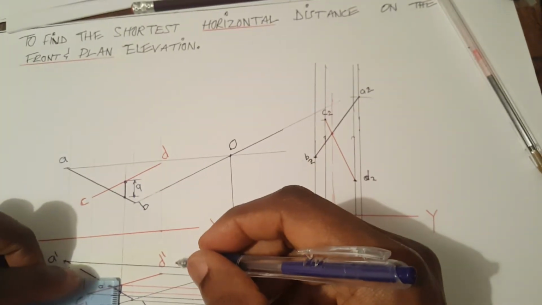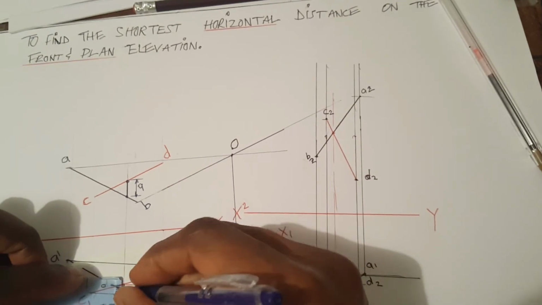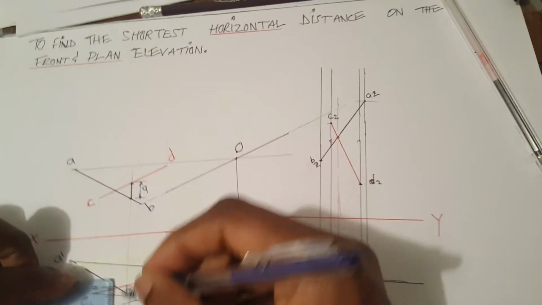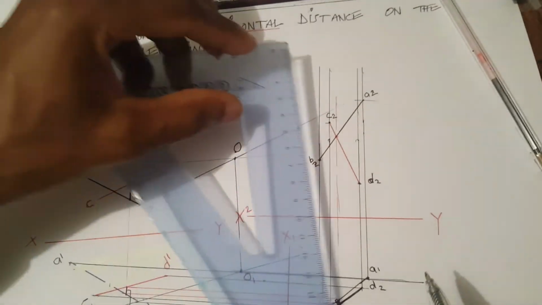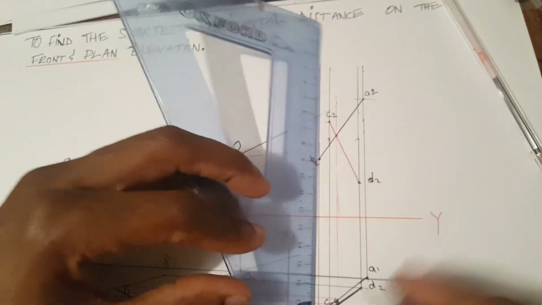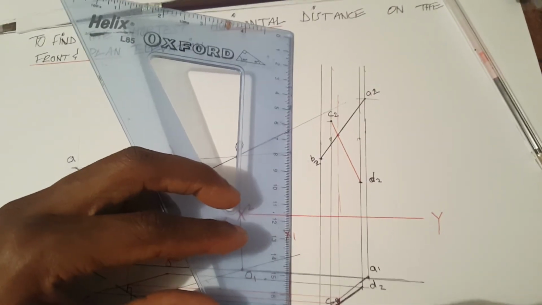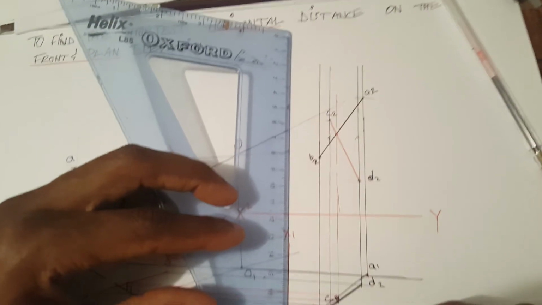Shortest distance here, this works out to be 4. And shortest horizontal distance here is this tiny distance here. This seems to be about 3 millimeters. This is not very visible.